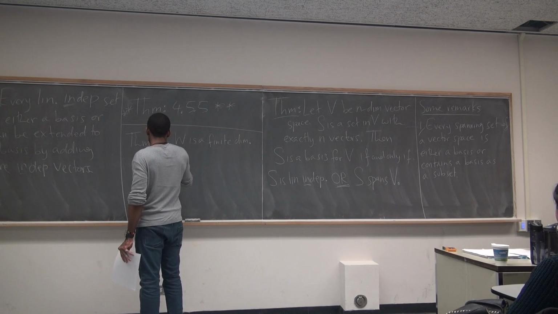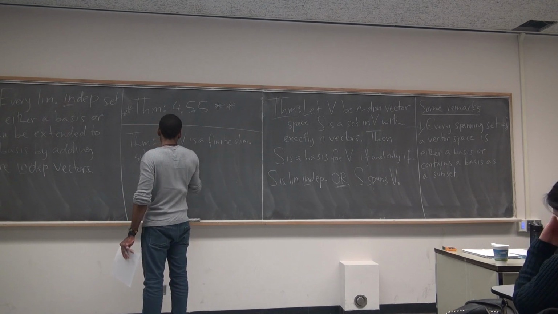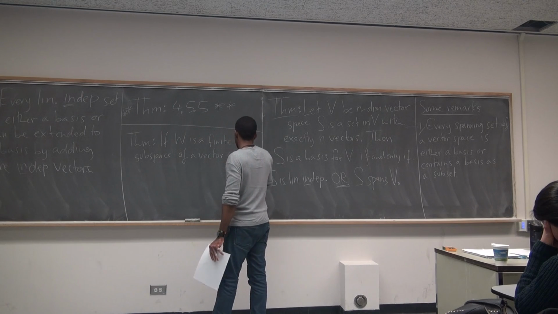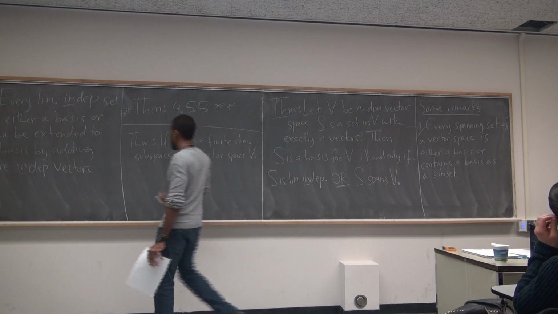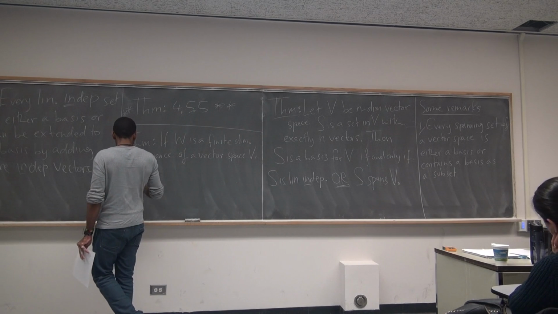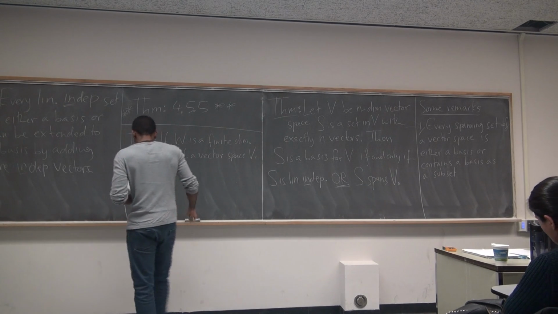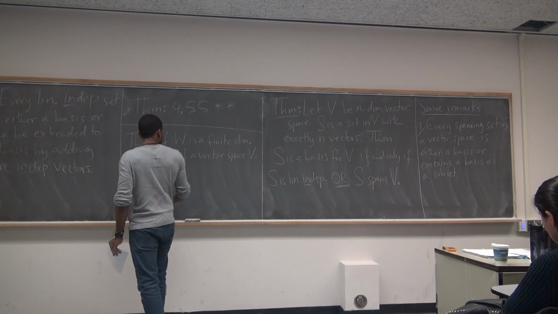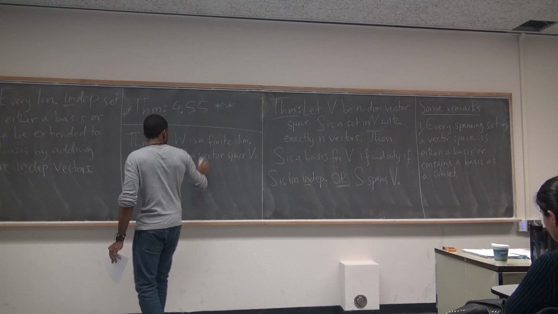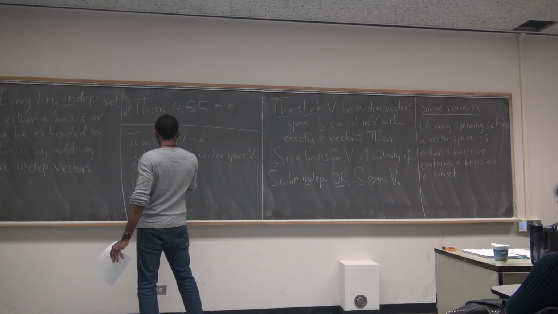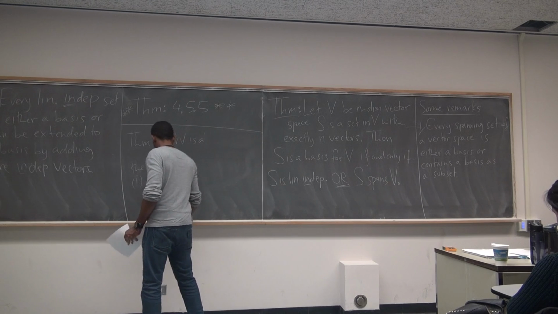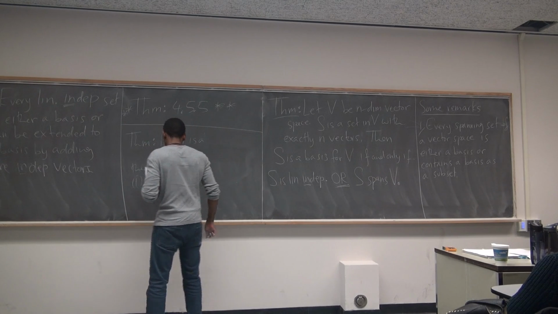Let's look at subspaces. If W is a finite dimensional subspace of a vector space V, then the following are true. W is a subspace of a finite dimensional vector space. The vector space is finite.